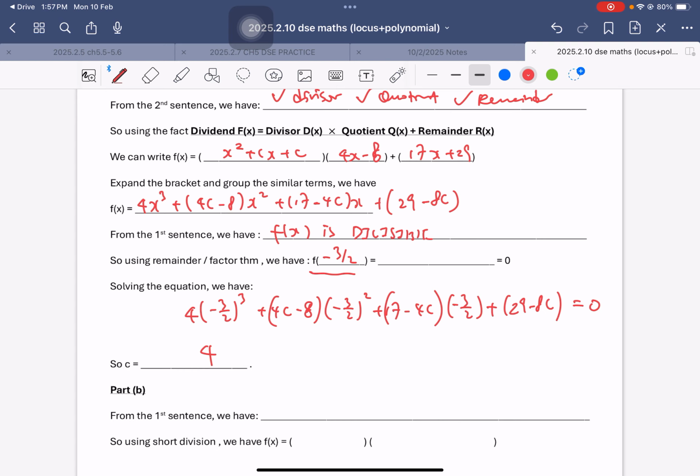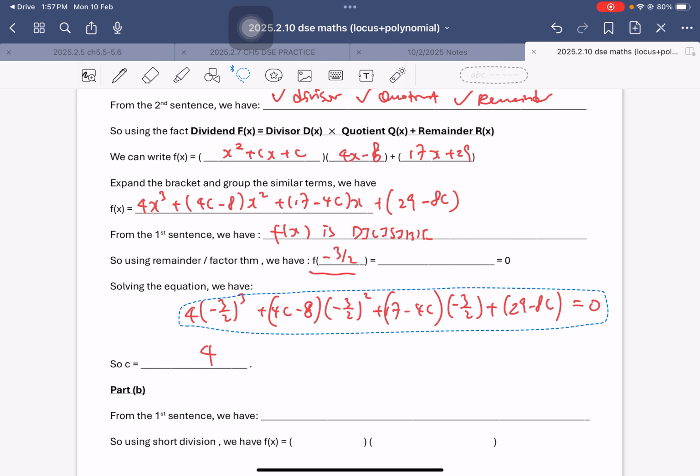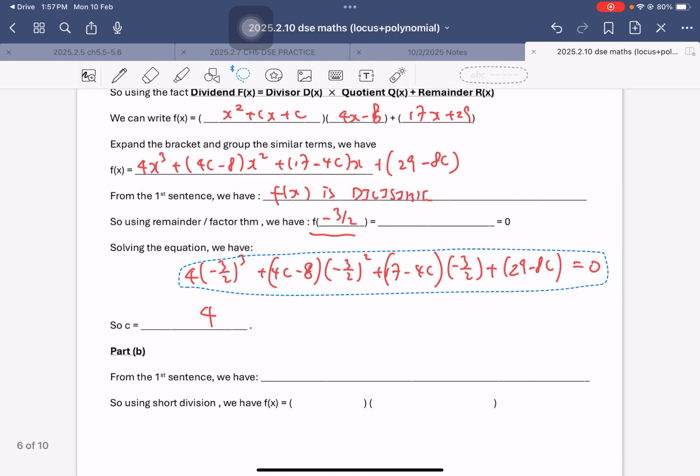Anyone have no idea how to solve this equation? Ria, can you solve this equation yourself? Okay, so now we get c is equal to 4.